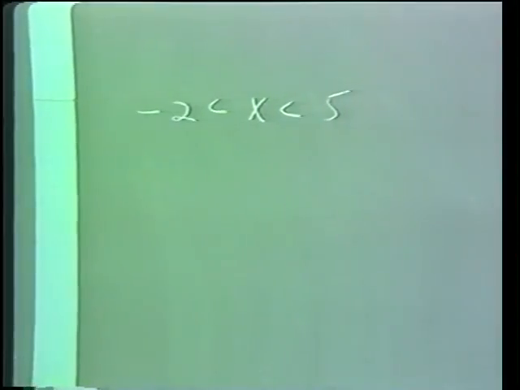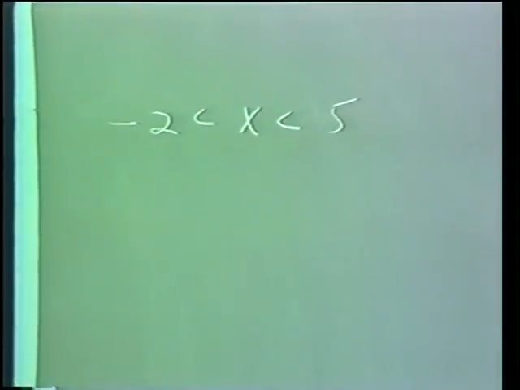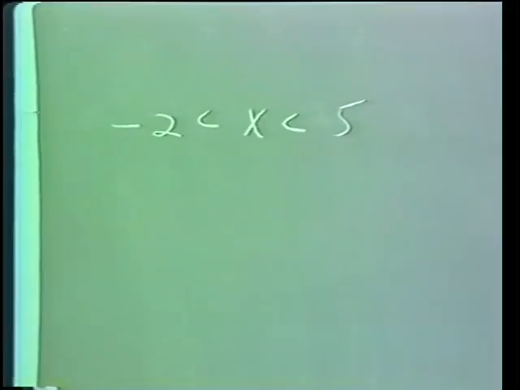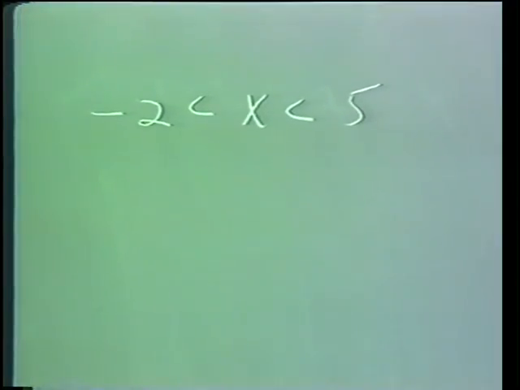On the board, we have what's called a compound sentence. We have -2 is less than x, and x is less than 5. What is this saying to you? What is this telling you about the solution set? What is the solution set?